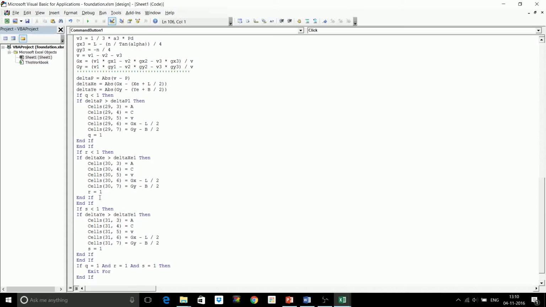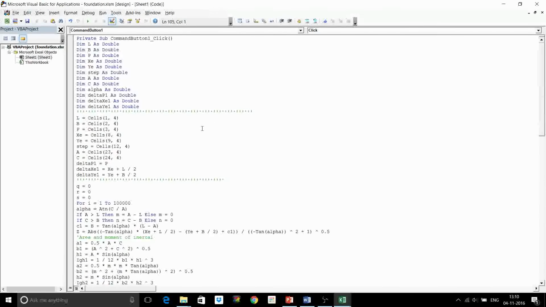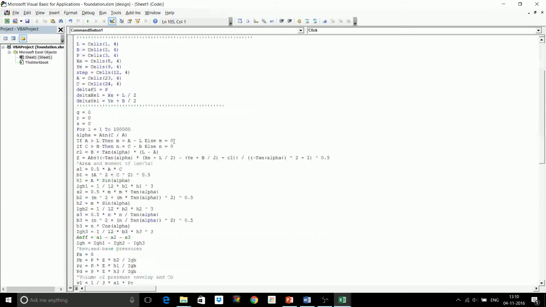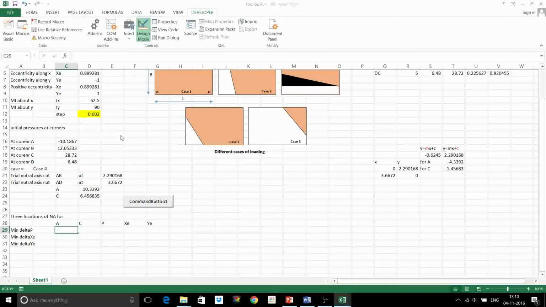And before that I want to reduce A to A minus step. I think I have not defined step. I will define it again. C minus step. Let me see. Yeah, I have taken step. And what is that step? 0.002.